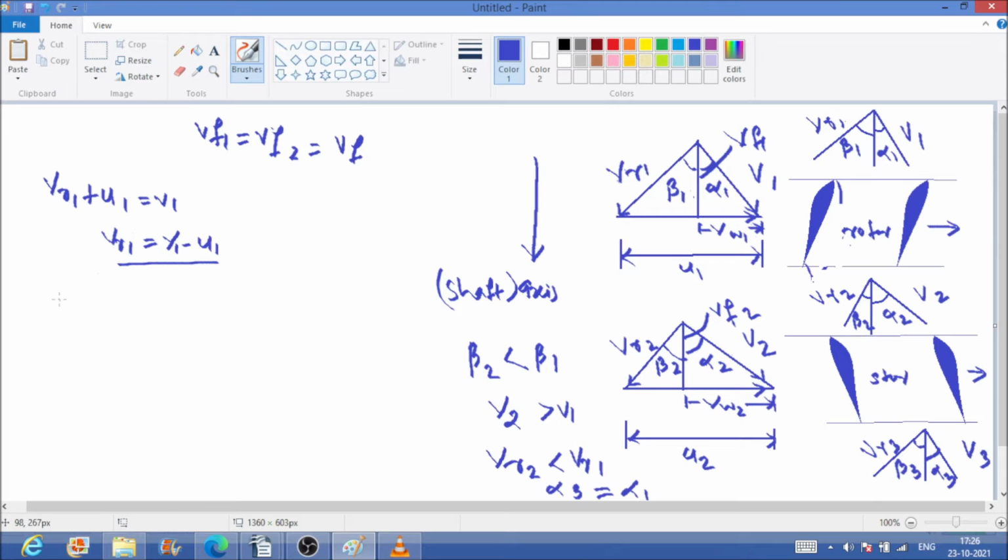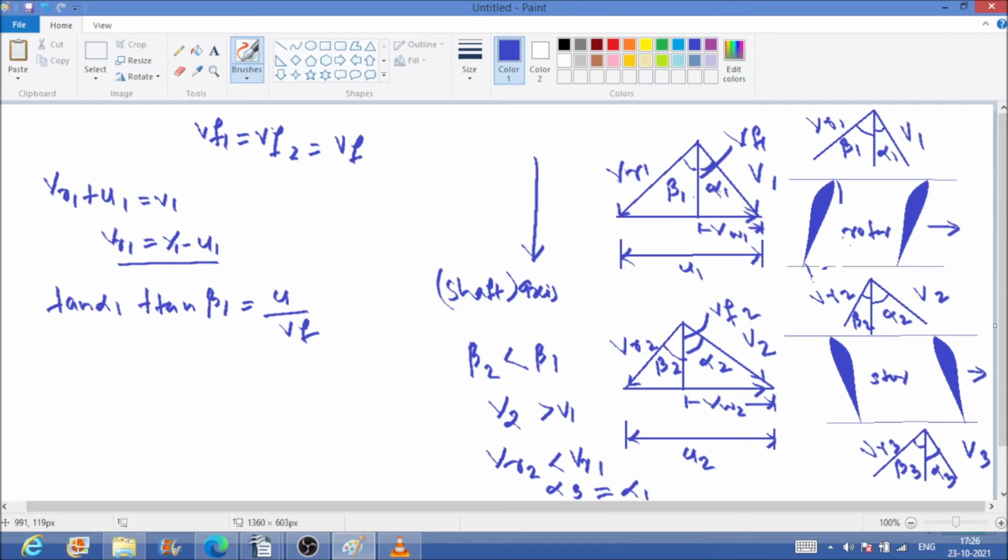You can say tan alpha 1 plus tan beta 1 is equal to u by vf. That is, tan alpha 1 is this opposite side and this adjacent side vf1, and tan beta 1 is this opposite side by this vf1, which is common.